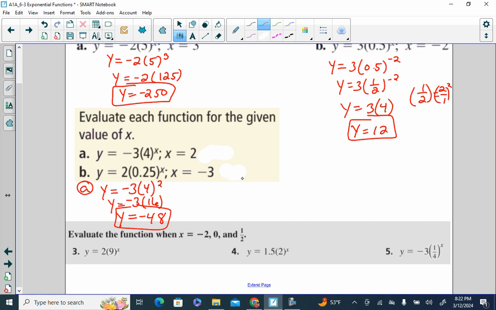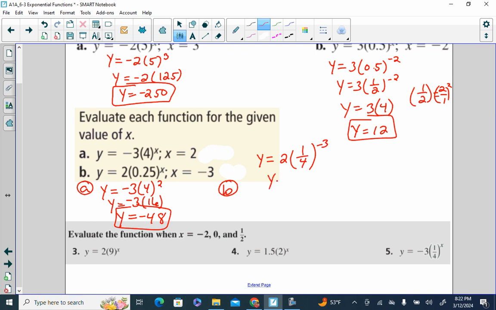When I look at example B, I'll do it up here, I'll need more room. Y is going to be equal to 2 times, I'm going to evaluate the decimal as a fraction. 0.25 is 1 over 4, and that is going to be to the negative 3 power.